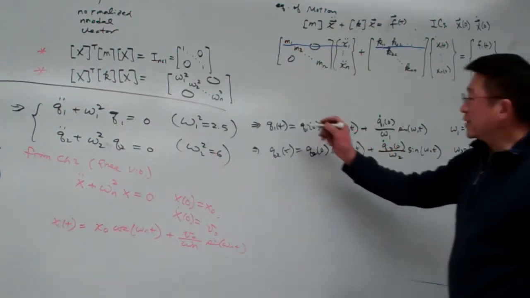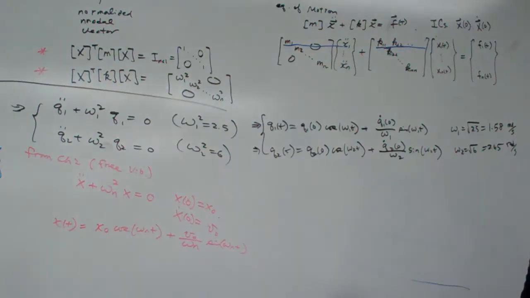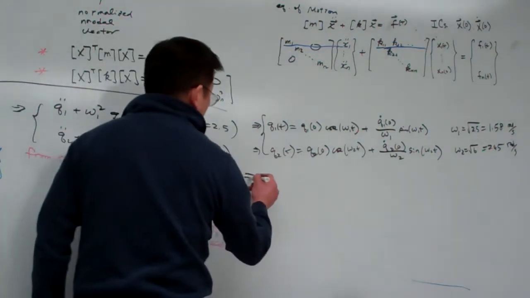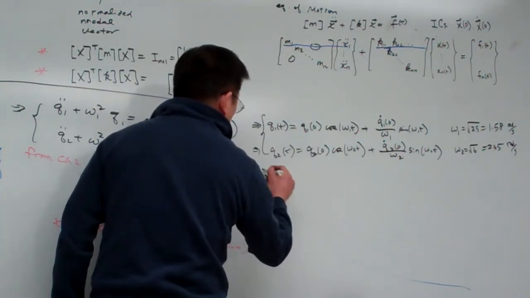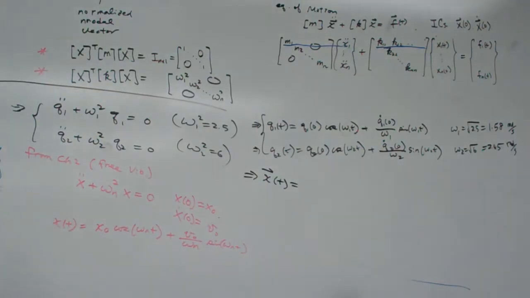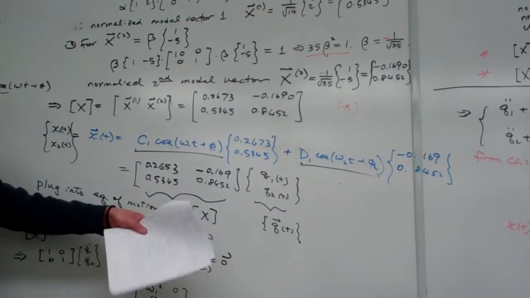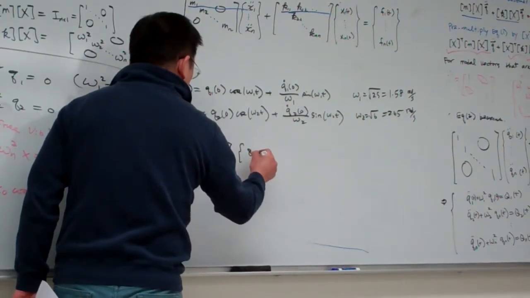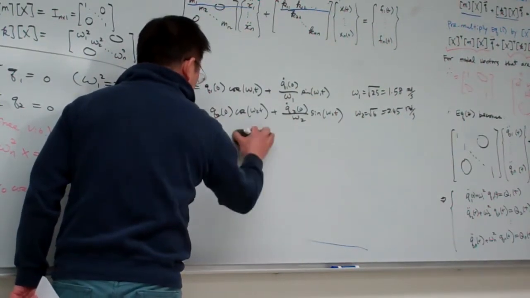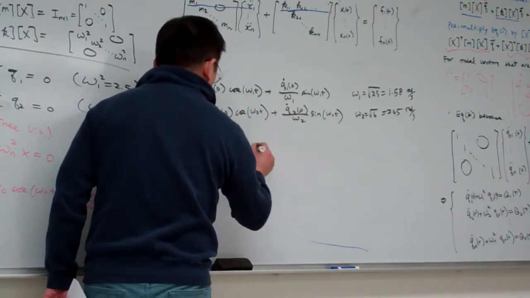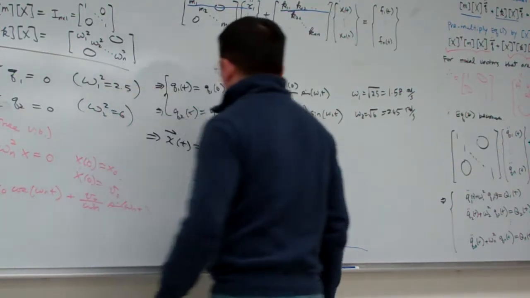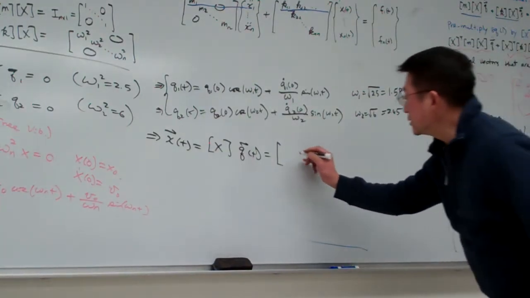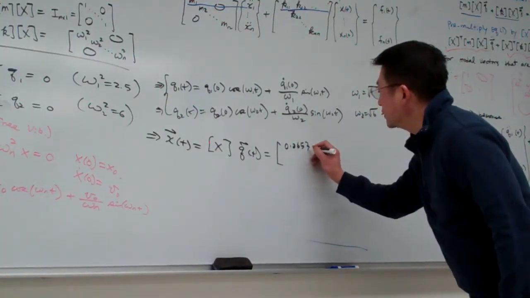So with the two things in mind, how do we solve for our x(t)? Again, this is a linear combination using the modal matrix, so x(t) equals capital X times Q1, Q2. For our particular problem, let me copy it, 0.2653.